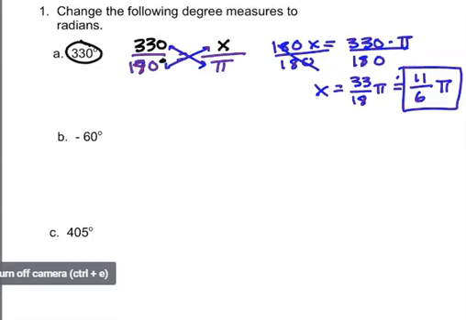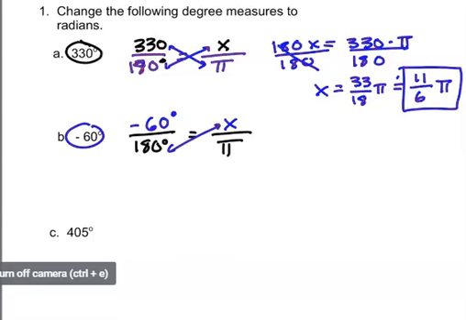And it's the same going backwards. So again, I want to convert degrees to radians. So I'm going to put 180 in the denominator of one fraction, pi in the denominator of another. This is degrees. I will put that there. I will put x here. And again, I will cross multiply.